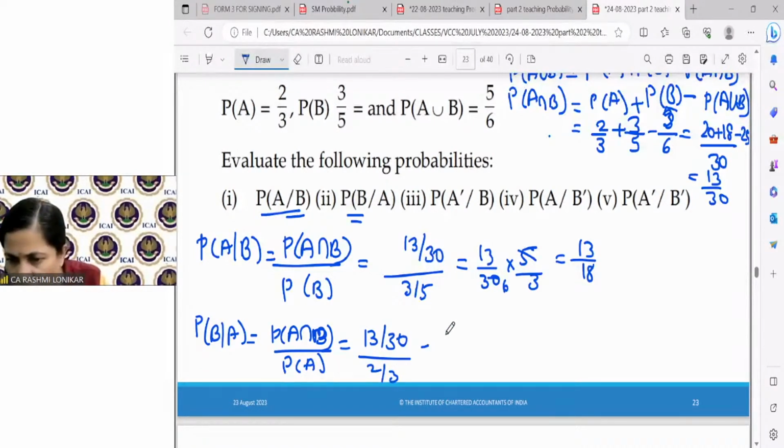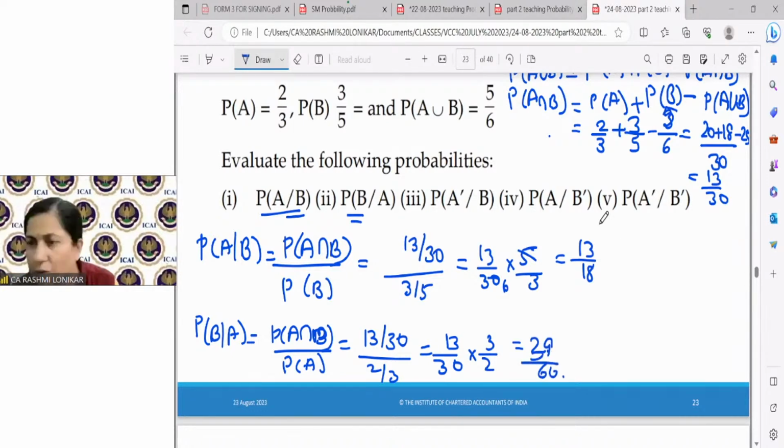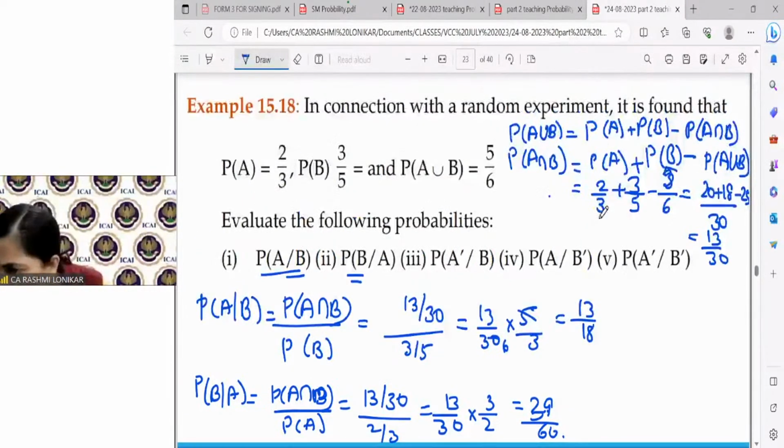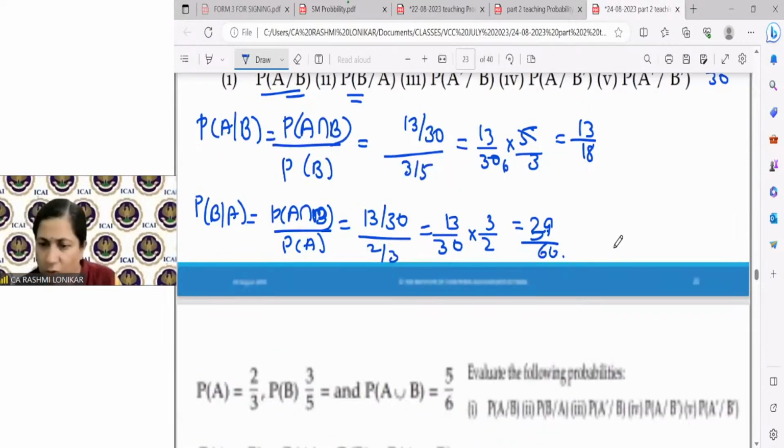So this is equal to 13 upon 30 into 3 by 2, which is equal to 39 upon 60. Okay. I hope this is correct. So 38 minus 25.